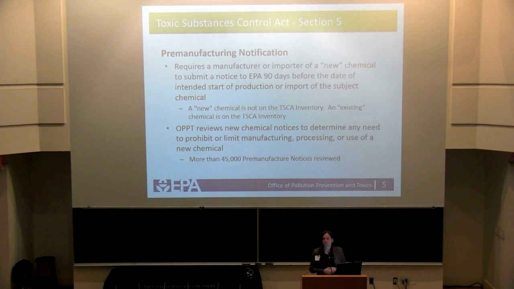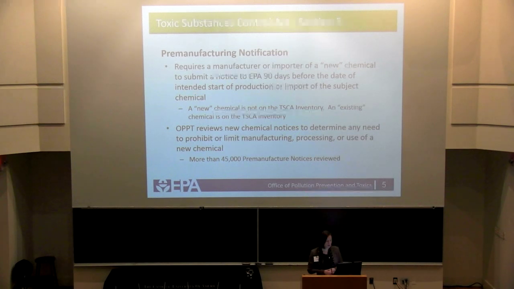The industry needed to report the chemicals that they had in commerce at that time, whether they be manufactured or imported. So EPA received about 150,000 reports and compiled the initial inventory, which was about 62,000 chemicals that were in commerce at the time. So basically, all of those chemicals that were in commerce when TSCA was enacted were grandfathered on this initial inventory.